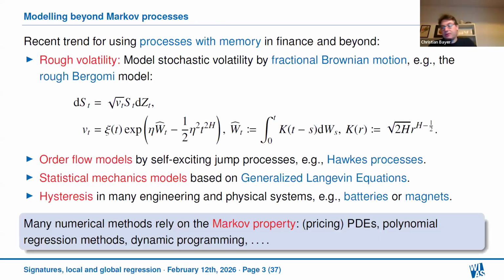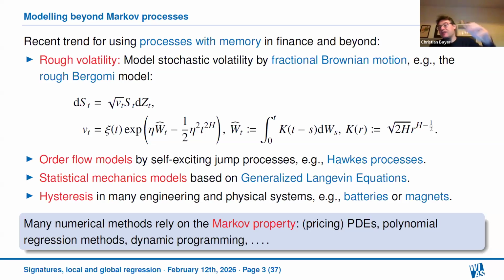Or to put a different point of view here, of course, we can always think of any process, at least on an intuitive level, as a Markov process if I extend the state enough.